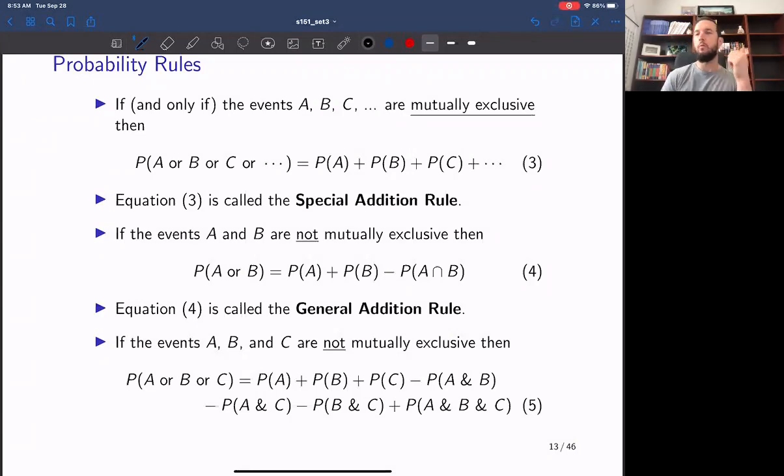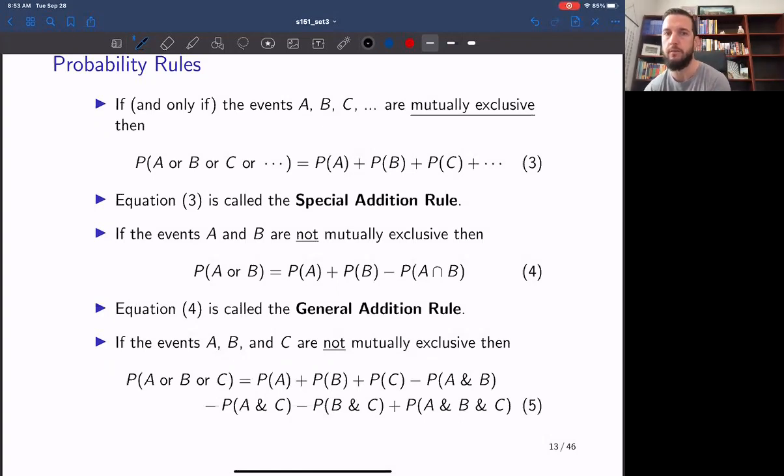If we want to compute the union of mutually exclusive events, that is very easy to do. We just add the individual probabilities together. So anytime we have events that are not intersecting and we want to know the probability of observing one of those different events, we just add the individual probabilities together.